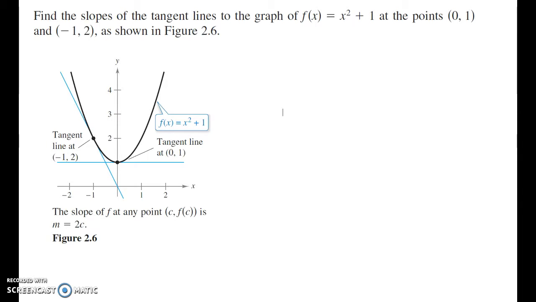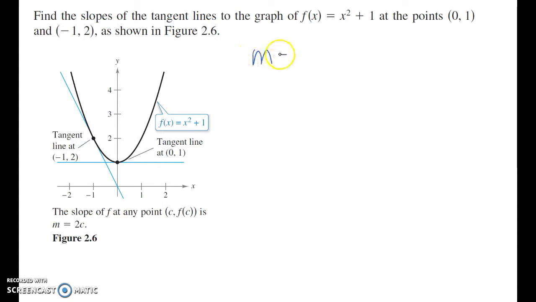Through this picture, we can actually assume the tangent line slope at (0, 1) looks like 0, and the tangent line at (negative 1, 2) has a negative slope. But let's check based on the definition of the tangent line. So what was the definition of the tangent line?